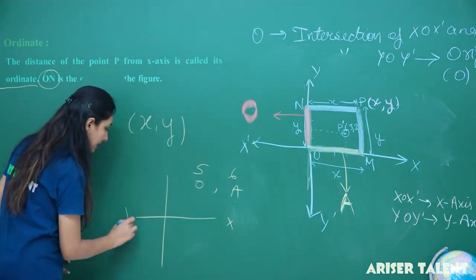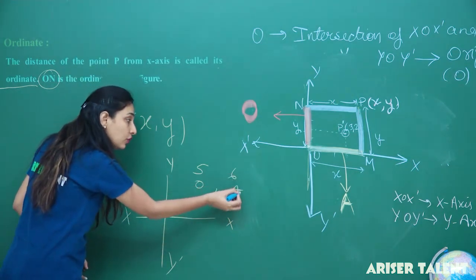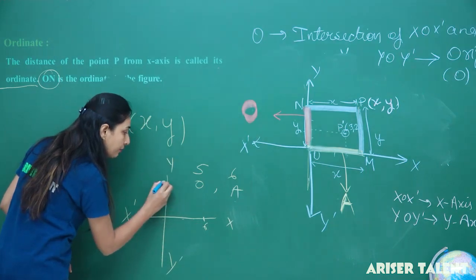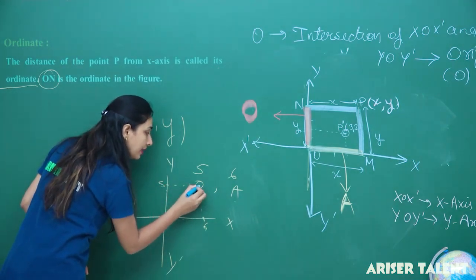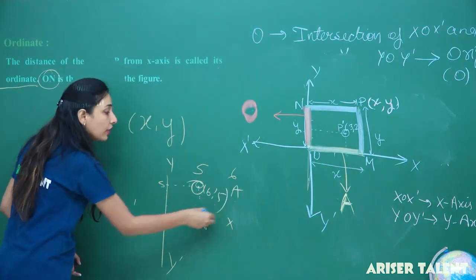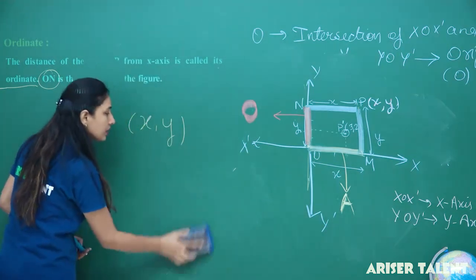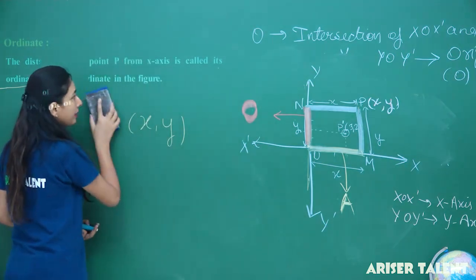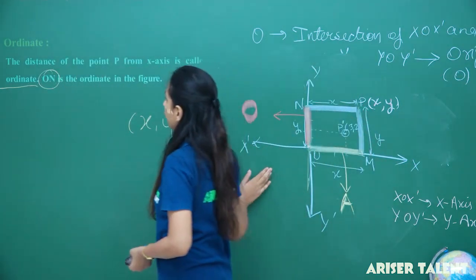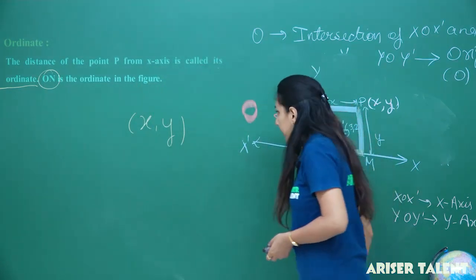If this is x and this is x dash, this is y and this is y dash, the value on the x-axis is 6 and here it is 5. So, the point will be something here. That is 6, 5 basically. We will mention it in questions later. So, don't panic. Just note this figure and have the definition.